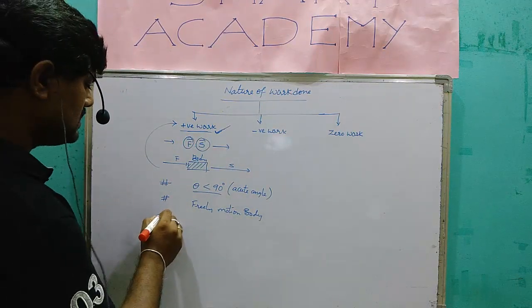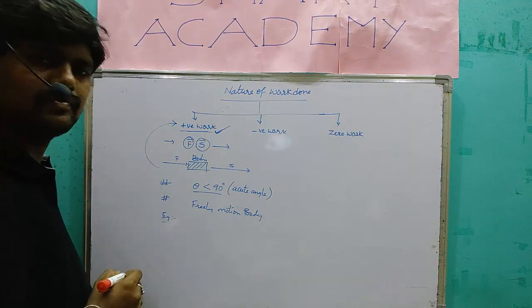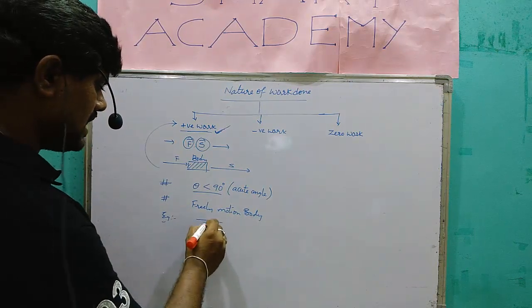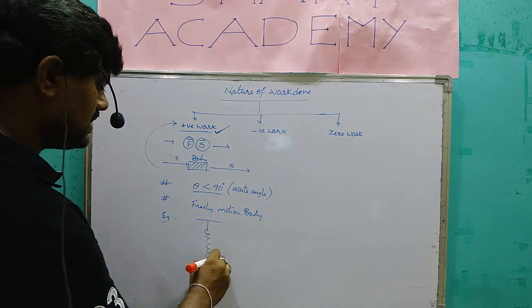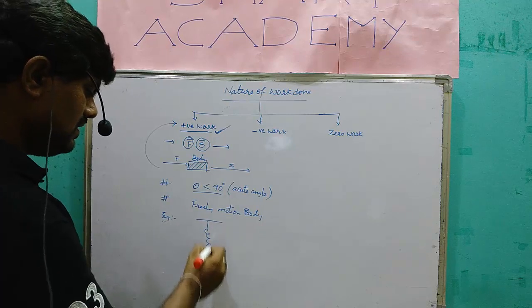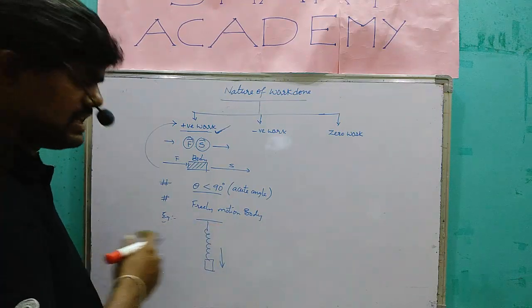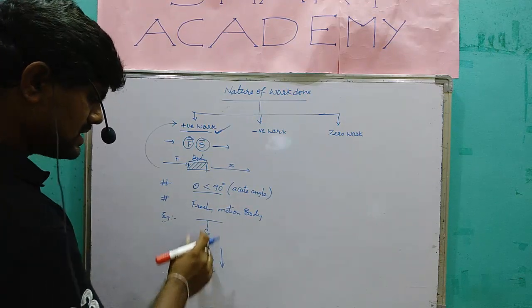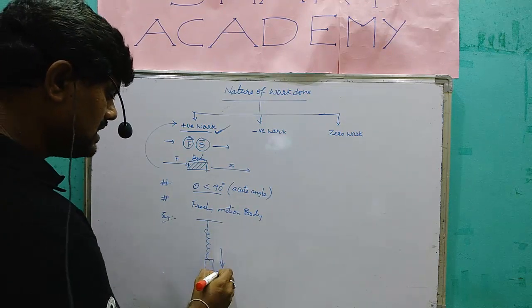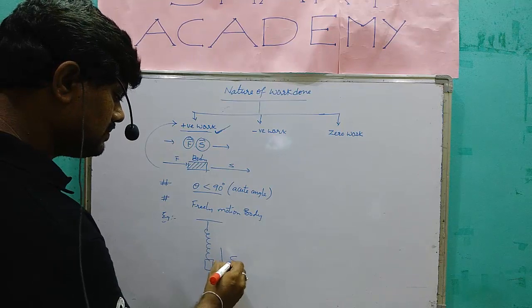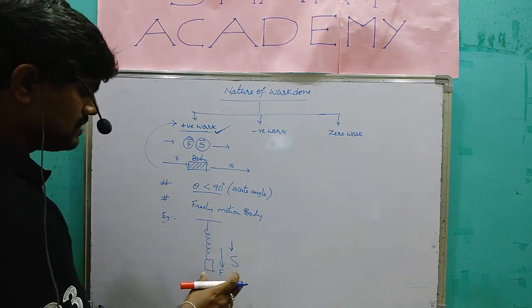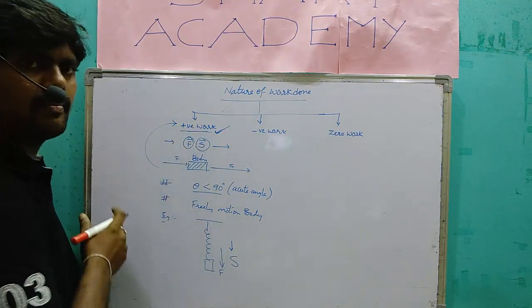Okay, so let us see some examples here. Suppose you stretch a loaded spring. When we apply the force in the downward direction, the displacement of the spring or body is also in the same direction. So the work done we say is positive work.